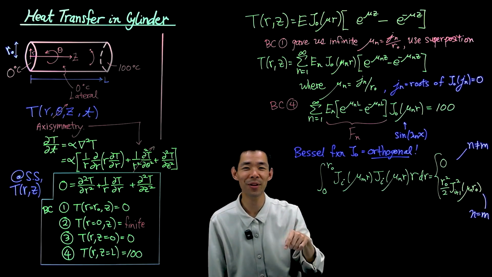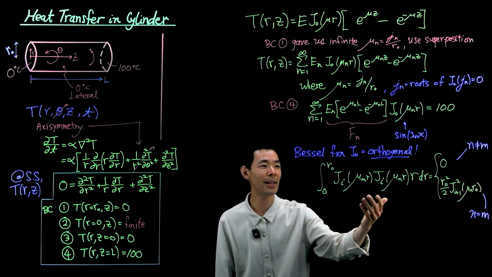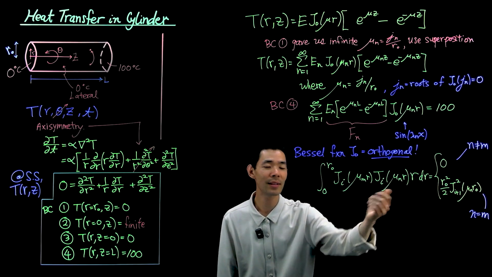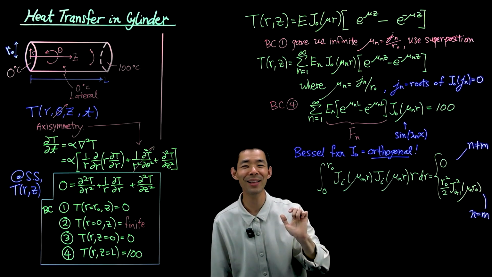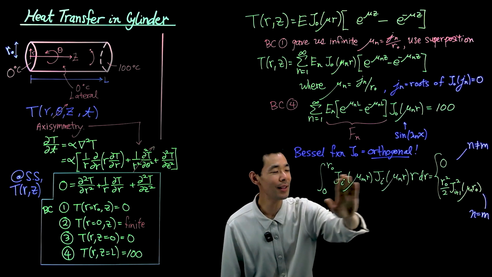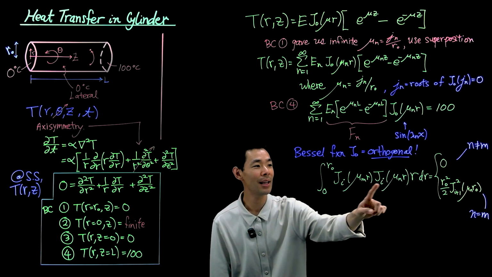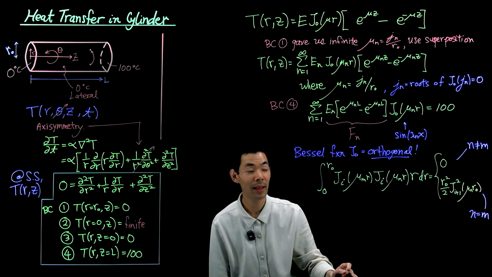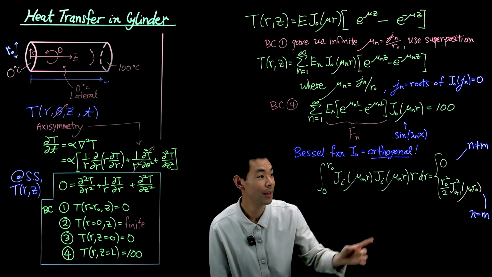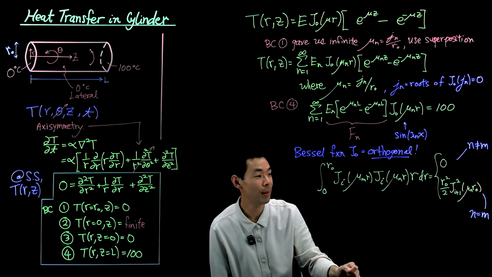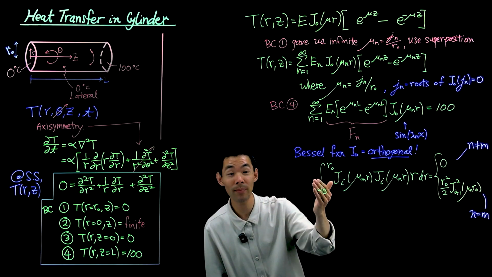You take the area under the curve, just like sine and cosine, or sine n pi x, sine m pi x. Same thing. Orthogonality tells us that this integral is equal to 0 if n and m are not the same. And it's equal to this thing, a constant, r0 squared divided by 2, Bessel's function i plus 1, so it gets promoted by 1.